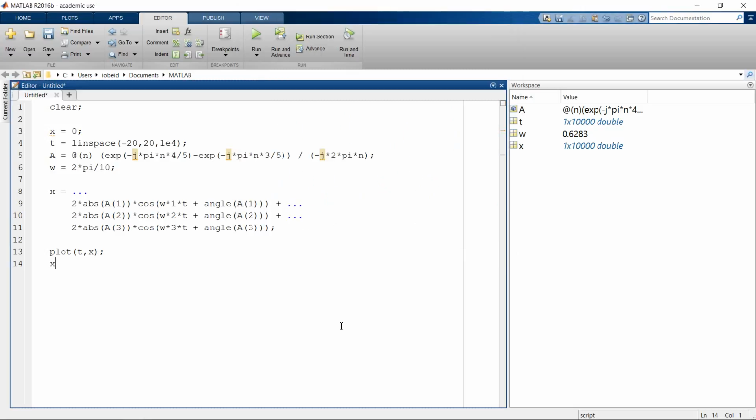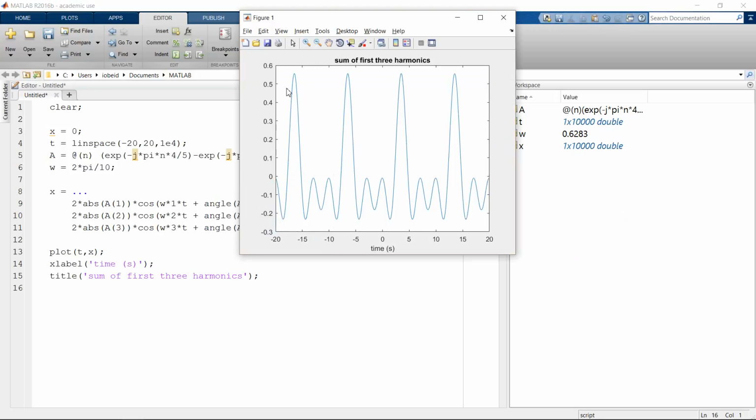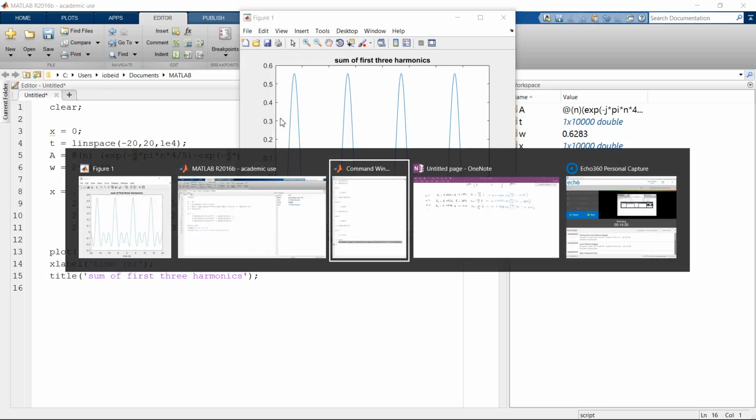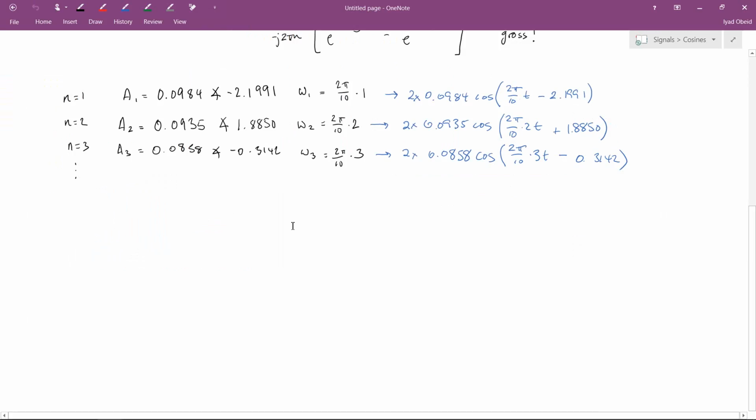Let me go ahead and label that. Time, seconds. Title, sum of first 3 harmonics. Now our plot looks a little better, and we'll paste that into our notes, and we'll be done.